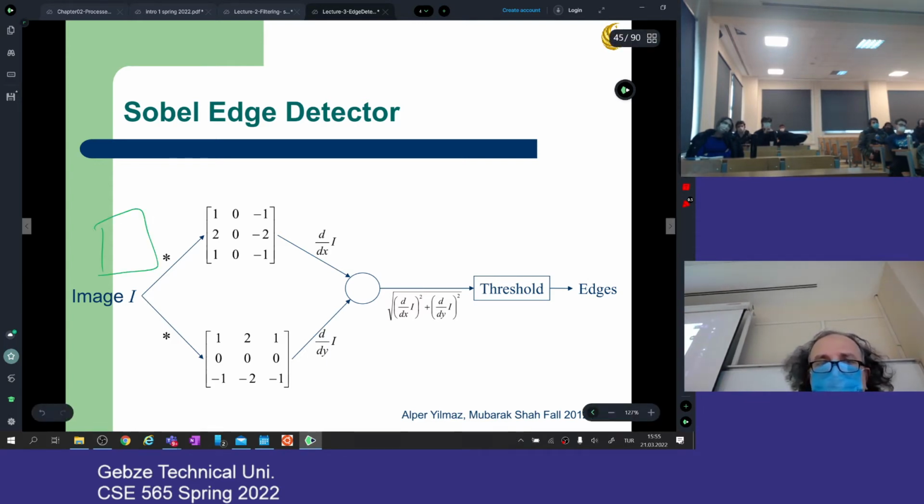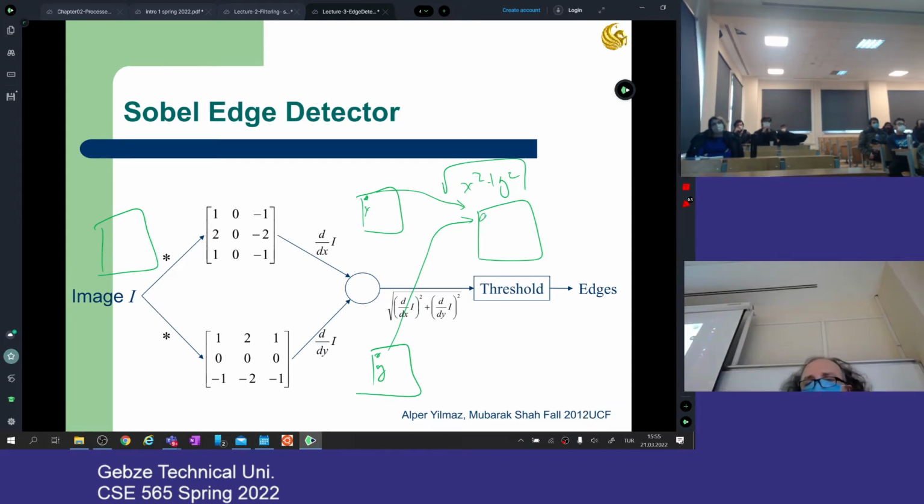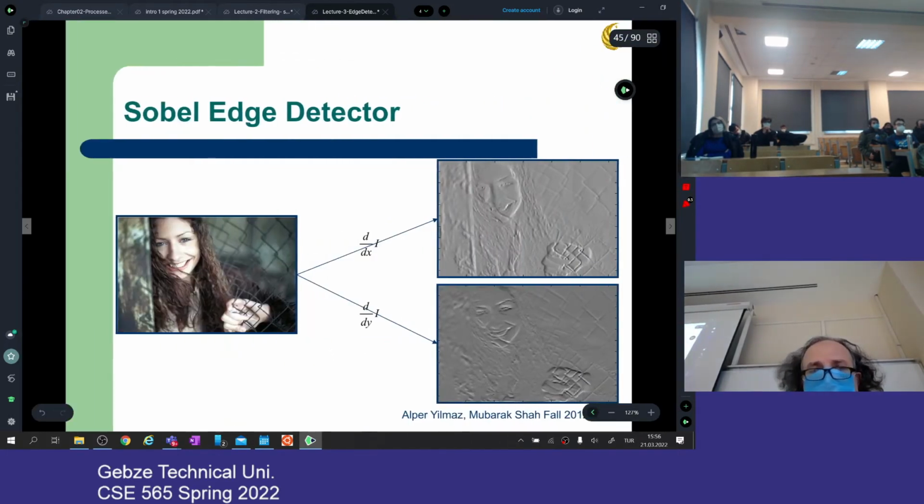For each pixel, you produce this x gradient and y gradient, and let's say this is x and this is y, and I make a new image by doing x squared plus y squared and square root, and put it inside this image. That will give me one image, and I will apply a threshold, and I will get the edges.